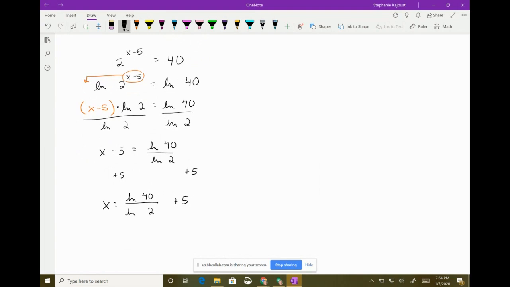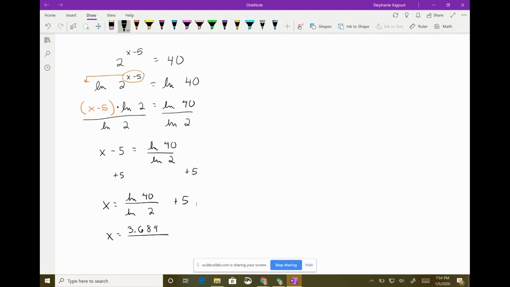Then I have this plus 5. And now this is where I usually put it in my calculator, because that way I'm not rounding until the very end. So I do the natural log of 40 on my calculator. That's 3.689 if I do 3 decimal places.